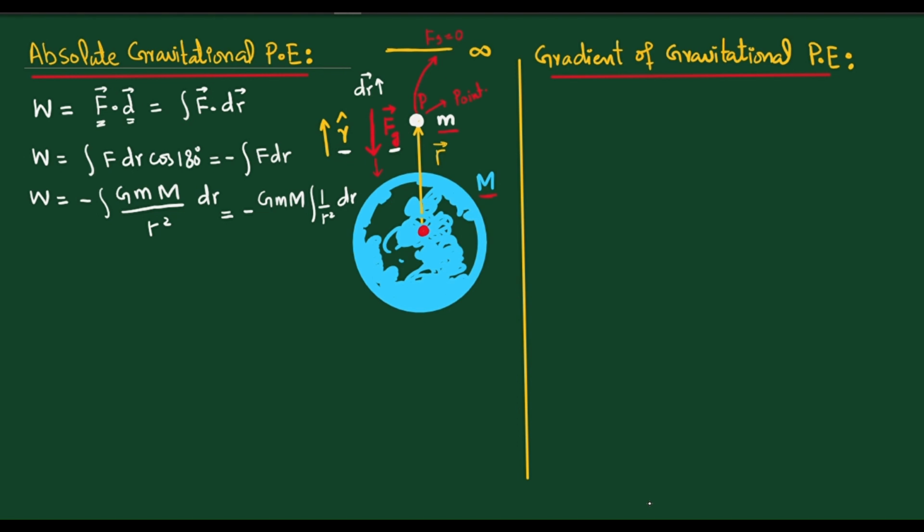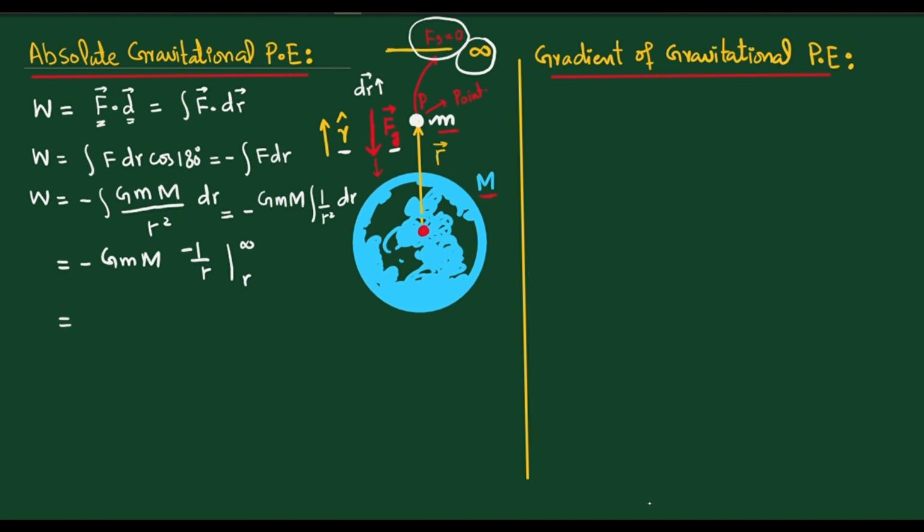The integration of 1 by r square will become minus 1 by r, and we will take the limits from point r to infinity because we are going from here to infinity. Our lower limit will be r, the distance from the center of the Earth, and the upper limit is infinity, the distance from the center of Earth where the gravitational force becomes zero, out of the gravitational field.